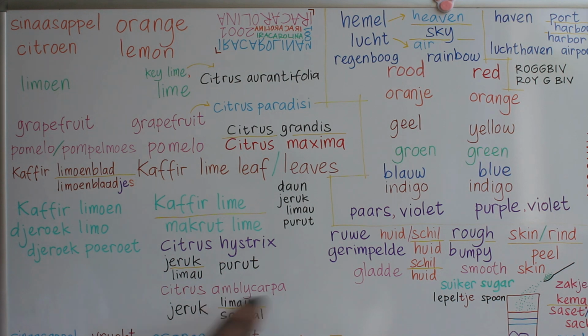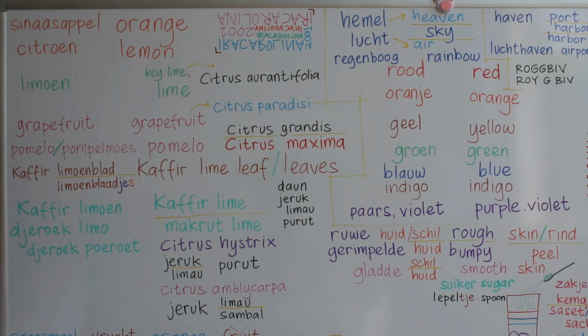So with Citrus amblicarpa, the schil or hout becomes orange after a while. When it's old enough, the skin becomes orange. Citrus amblicarpa.